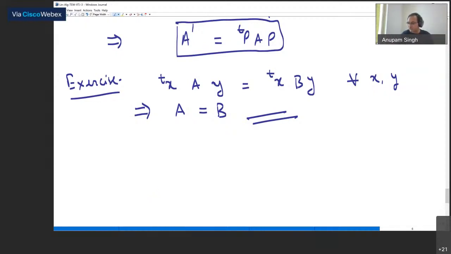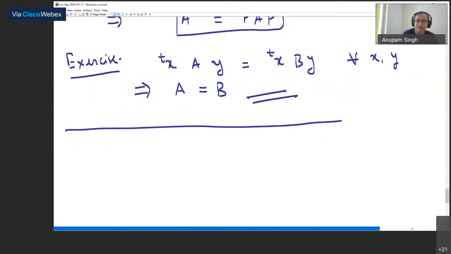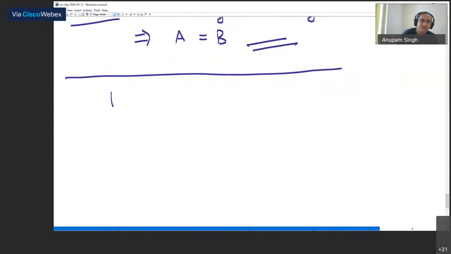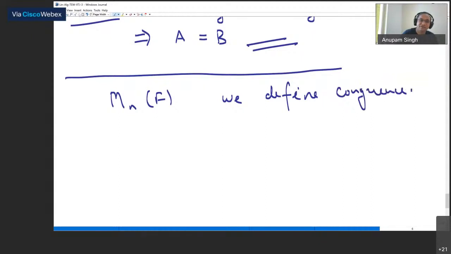So we see that this is the equivalence relation we get, and now we can independently define an equivalence relation on the set of all matrices. Let's do that. On M_n(F), we define what is called the congruence relation as follows.